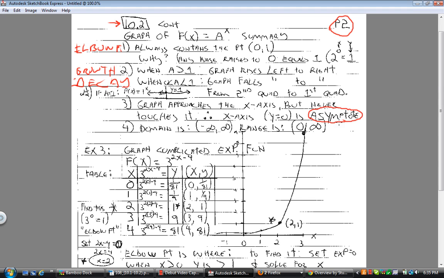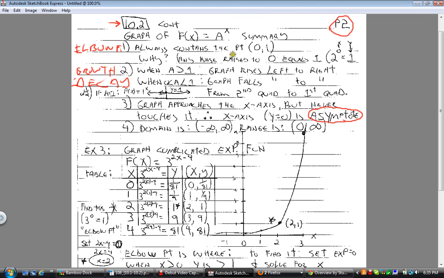This is where the graph will never cross over. It's called the asymptote. Finally, the domain for these, as you look at the function, is going on the x, the horizontal. You're going from negative infinity, it'll never cross the x-axis, but it'll keep going out and out, higher and higher.